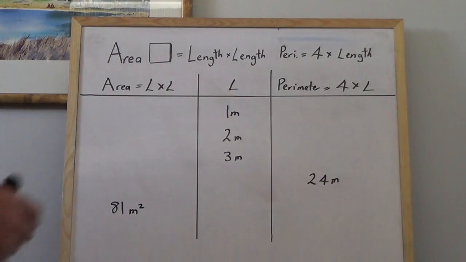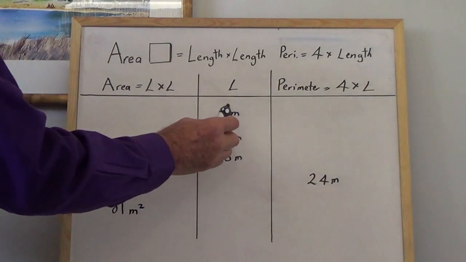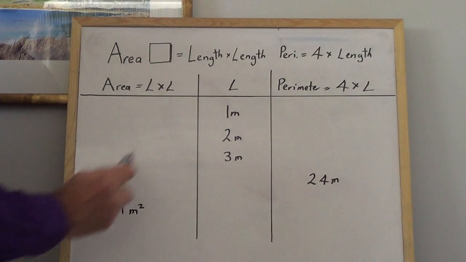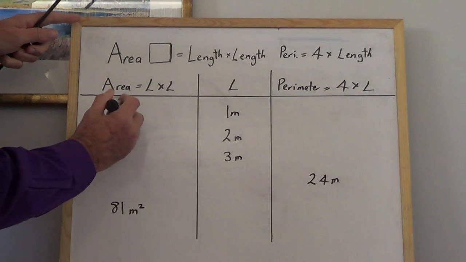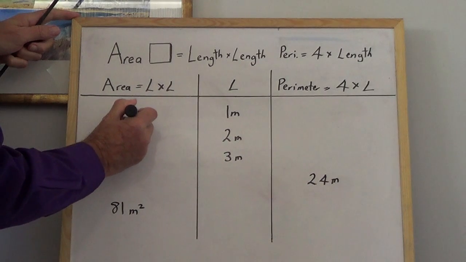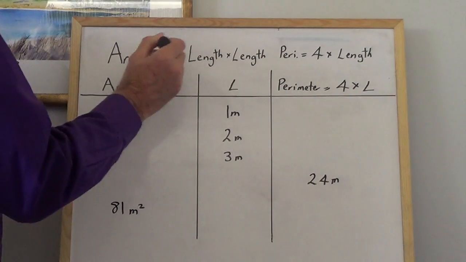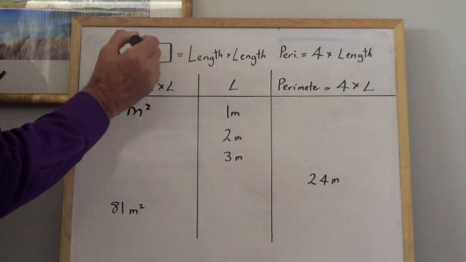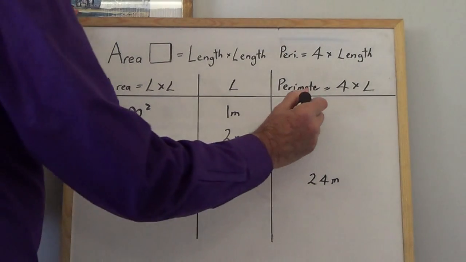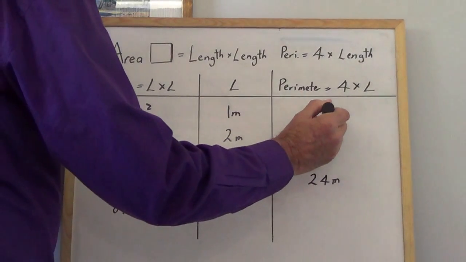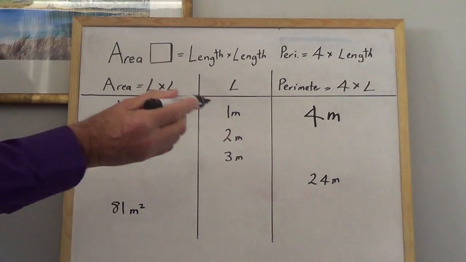I'll get my pen. Now, if the square is 1 metre by 1 metre, the area will be 1 metre squared. That's 1 times 1 is 1. And the perimeter will be 1 plus 1 plus 1 plus another 1, which is actually 4 metres. Right? We've got to make sure we get the units right.